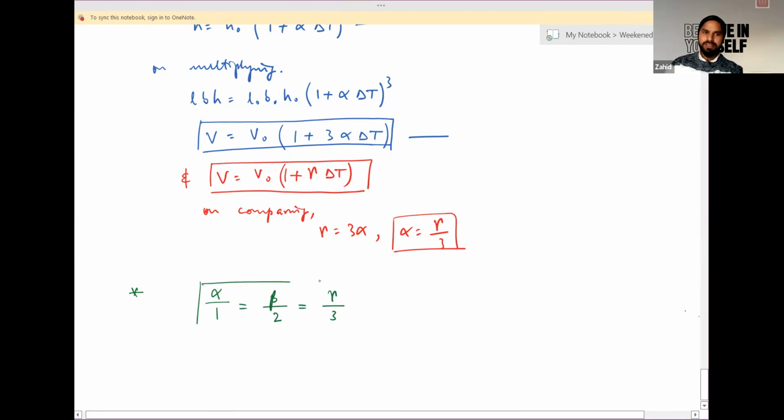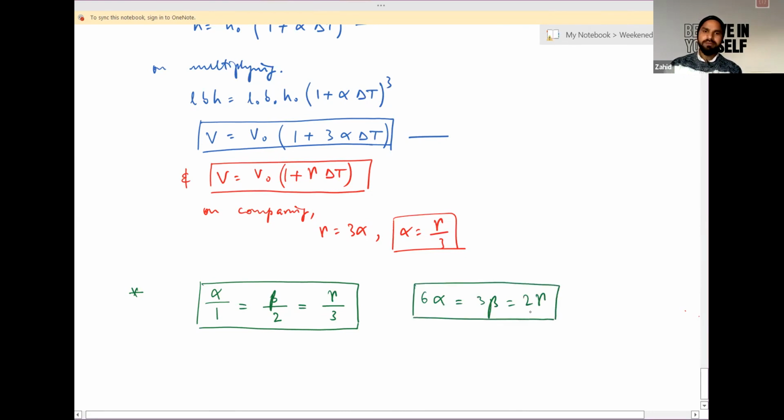So one of the relations between these terms will be this. Next, take the LCM of the three denominators, so it will be 6. Multiply with the entire part. So it will be 6 alpha, 3 beta, and 2 gamma. So the relation between these 3 terms will be either this part or this part. Is it clear? Yes. Okay.